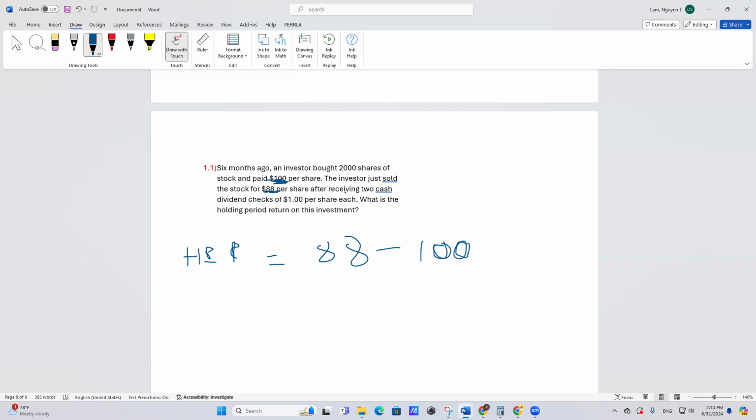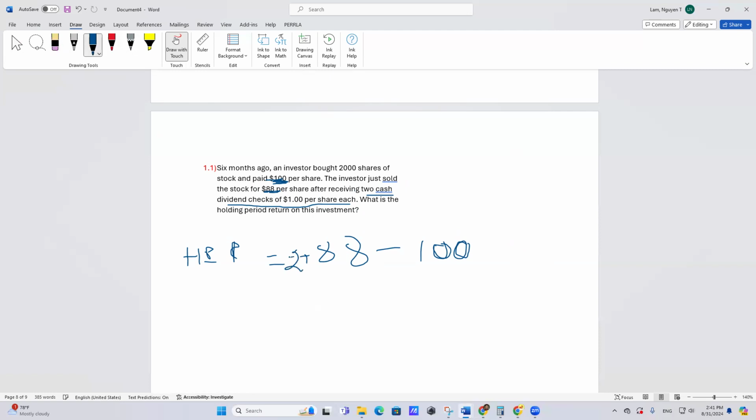And then right here, receive 2 cash dividend checks of $1 per share each. I think that is referring to you're going to receive dividends of $2 as well.